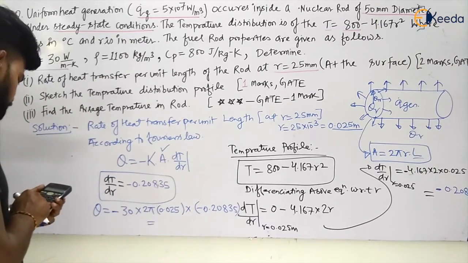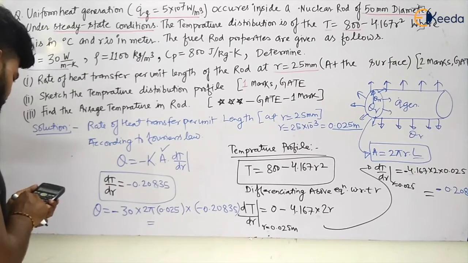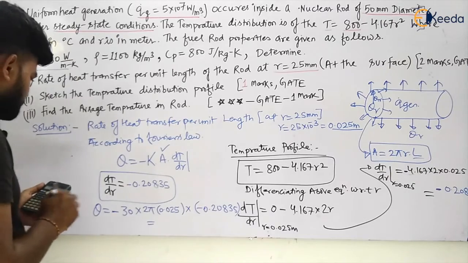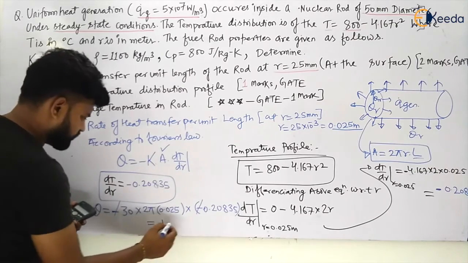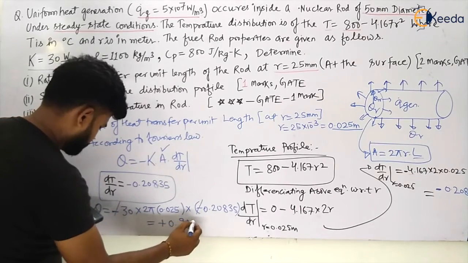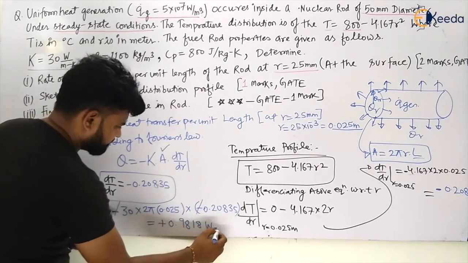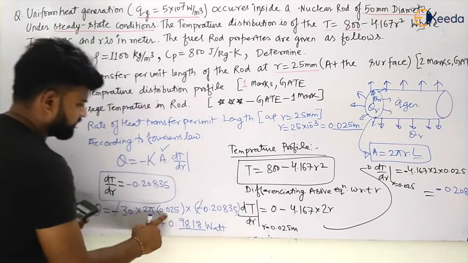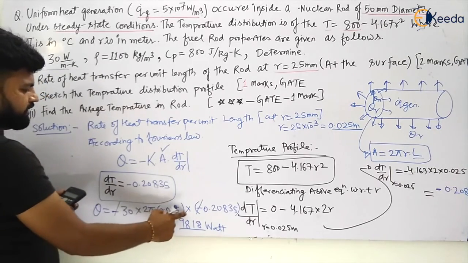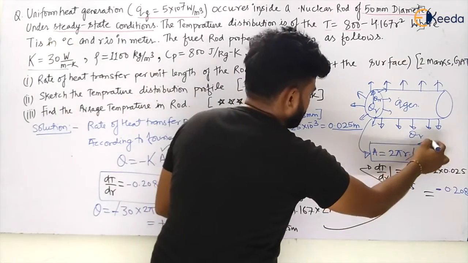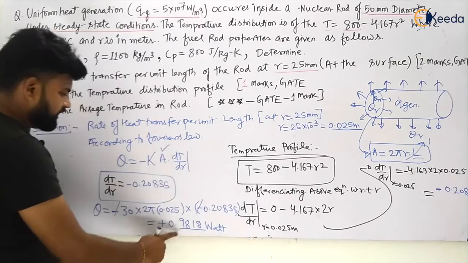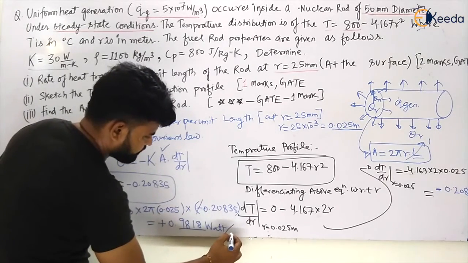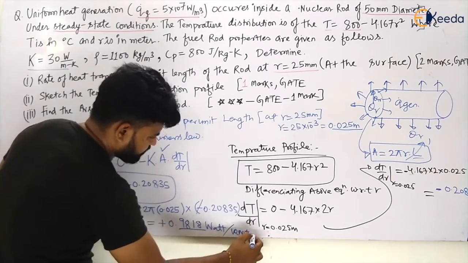This will become 2 into pi into 30 into 0.025, and minus will become plus, so this will be 0.9818 watt per unit length, as he is asking. I have already taken L as 1 here, so this is the heat transfer per unit length, my dear students.